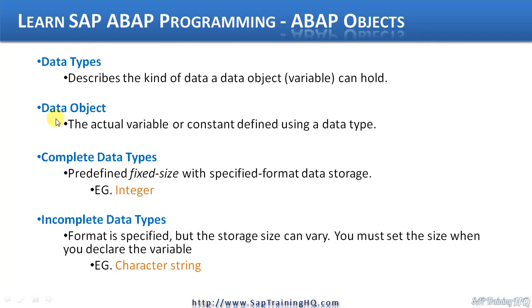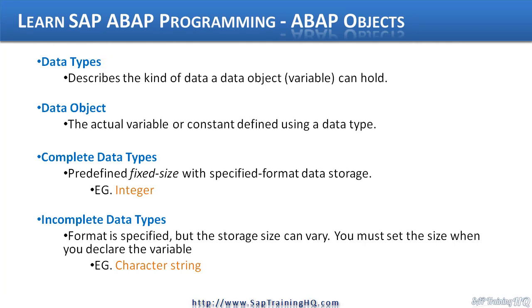So when we talk about a data object, and we talk about data objects quite a bit in ABAP Objects, these are the variables, and a data object really helps describe the type of data we are holding in the variable a lot better than a standard data type would. What I mean by this is we might have a data type of, let's see, NUMC8, which just means an 8-digit numeric character string.